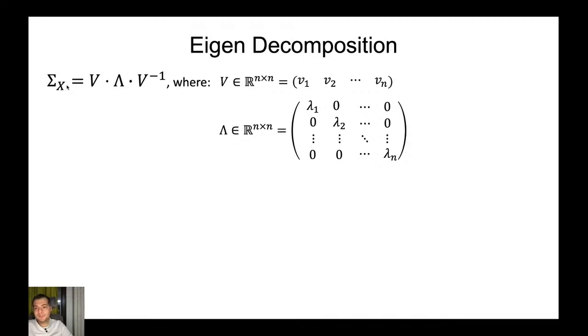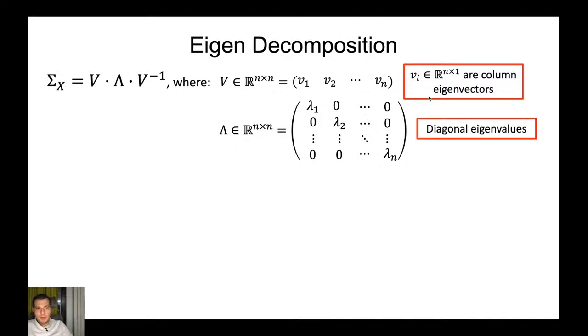So in the end, we have this covariance matrix, and we apply eigenvector decomposition in order to estimate the eigenvectors and the eigenvalues. The eigenvectors are column vectors. This matrix is a square, diagonal matrix, where the eigenvalues are on the main diagonal.